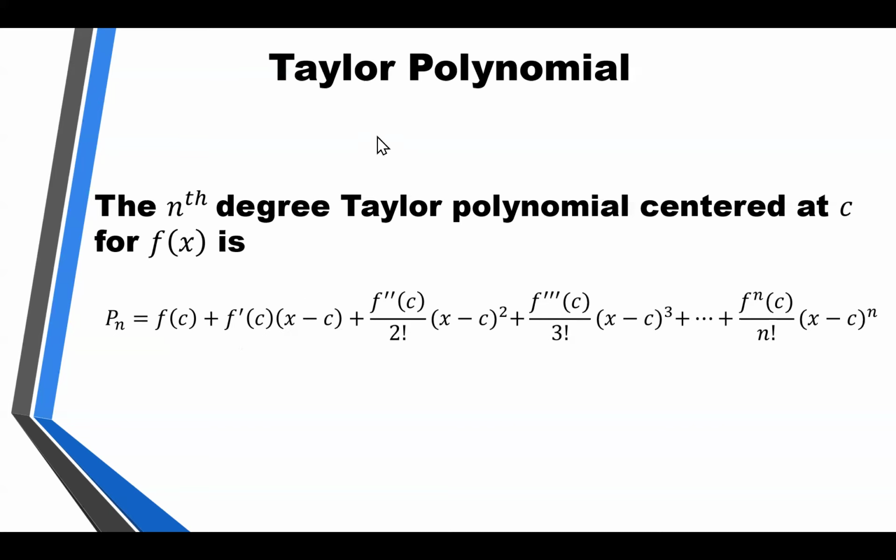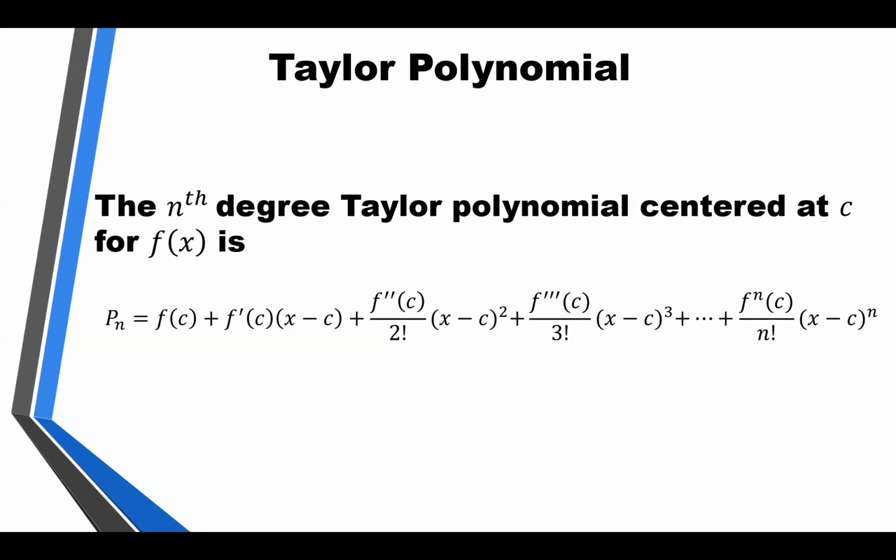It's unnecessary because dividing by 1 doesn't change the value. So that's it. The kth derivative, plug in my center, divided by k factorial times x minus the center to the kth power each and every time, from 0 up to the n degree I'm looking for.